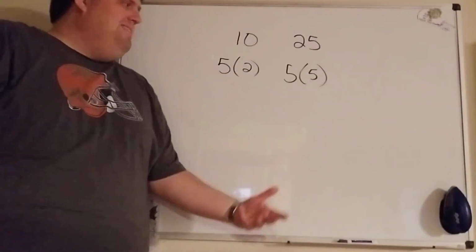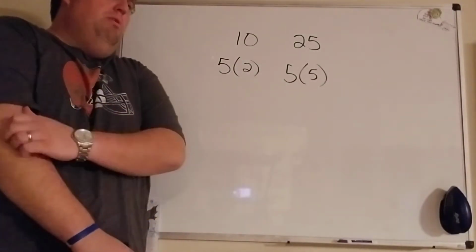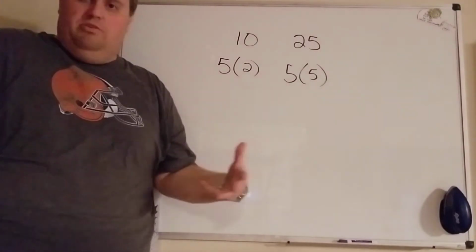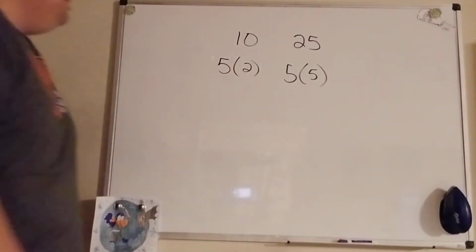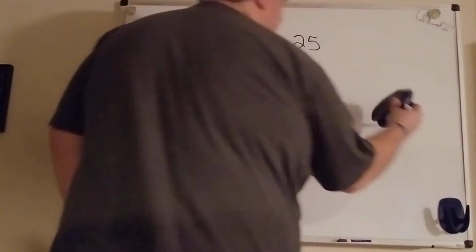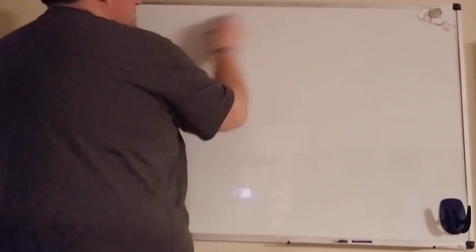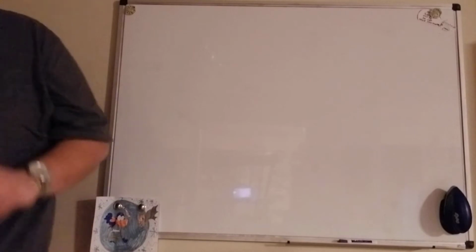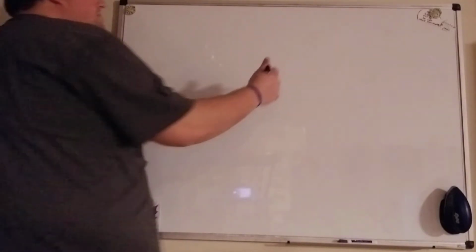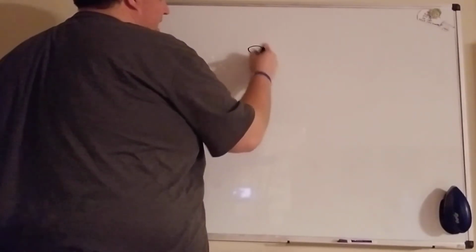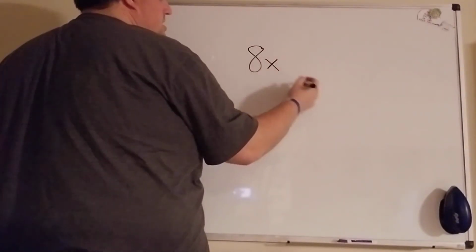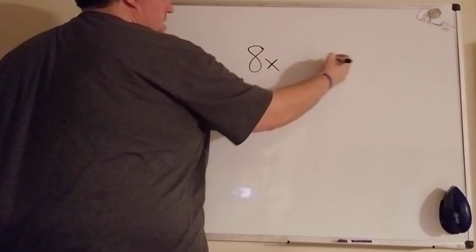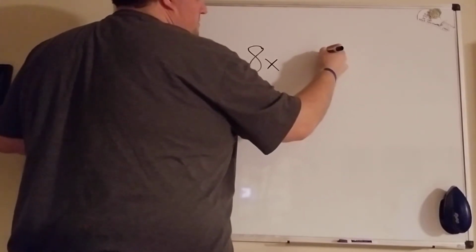We're going to do kind of that same idea, but we're going to do it with monomials and binomials and trinomials and all sorts of polynomials and kind of figure out what they all have in common. So let's start with 8x and 14.